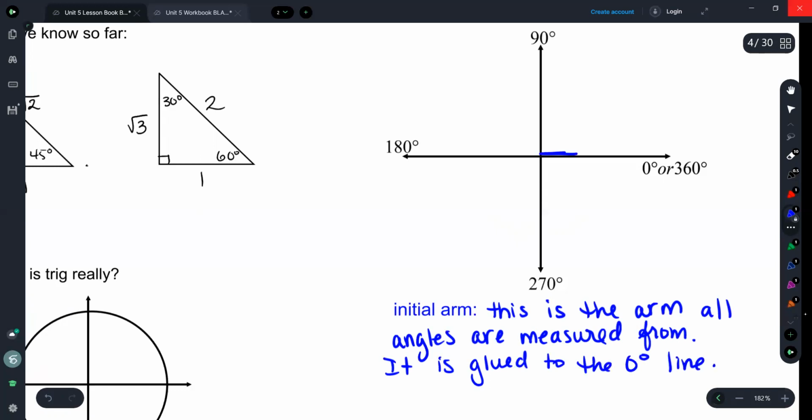Okay, so if I were to draw this on here, it would essentially just be like a line. This is going to be the arm that we measure from, and it's glued to this 0 degree location. Okay, this is where we're going to measure all angles from.